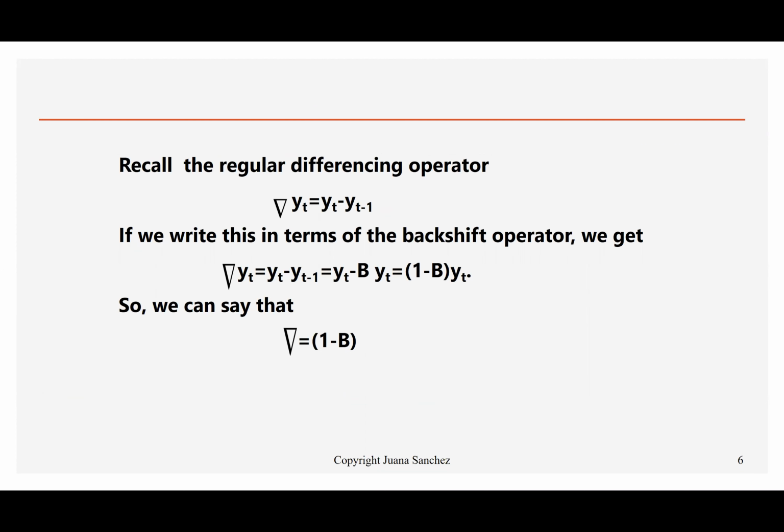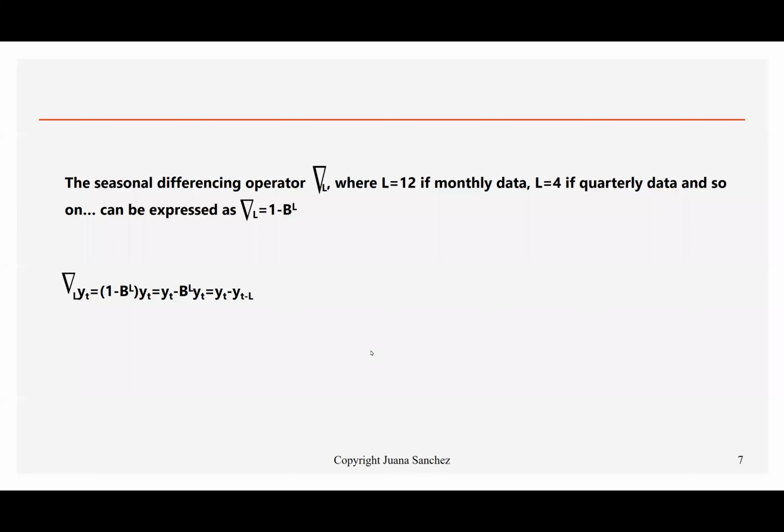Now, the regular difference operator applied to a time series y_t gives y_t minus y_(t-1). And we can write the difference operator as a backshift polynomial. So the difference operator is actually a backshift polynomial of order 1, 1 minus B. The seasonal difference operator depends on the kind of seasonality that we have.